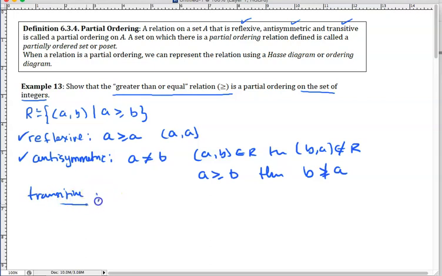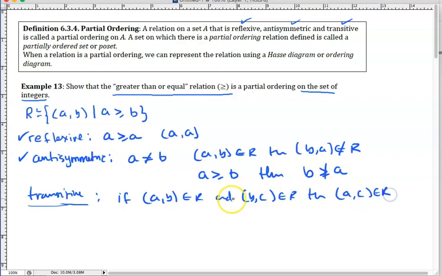Now transitive. We're looking for: if (a, b) is in R and (b, c) is in R, then (a, c) needs to be in R. If (a, b) is in R, that means a is bigger than or equal to b.